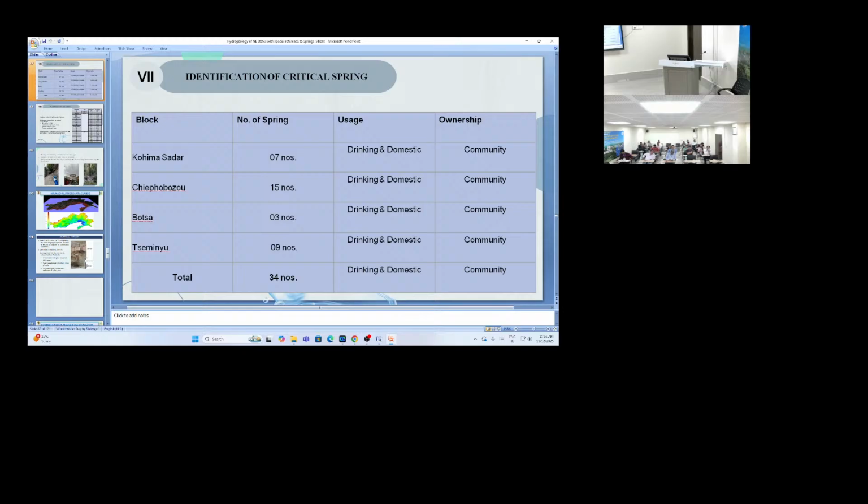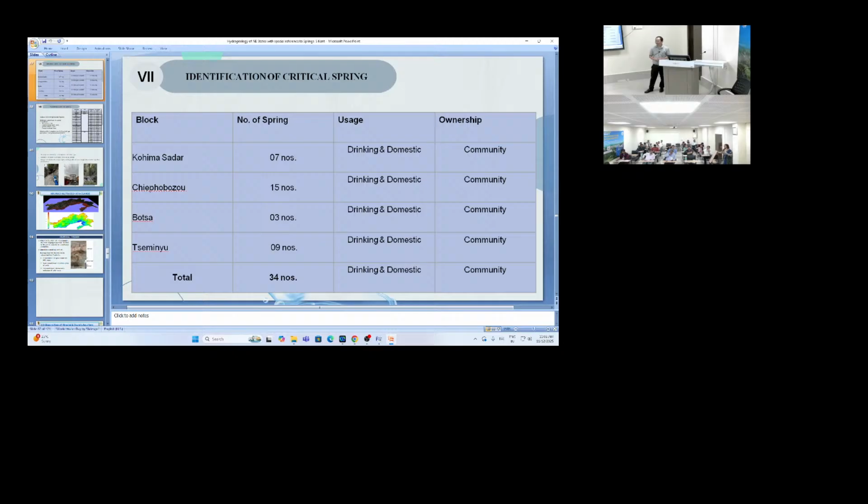Can we figure that out with our naked eyes? Yeah. But in actual field conditions, sometimes it's very difficult to identify. So you have to go to the point where the water is coming out and check the surroundings.